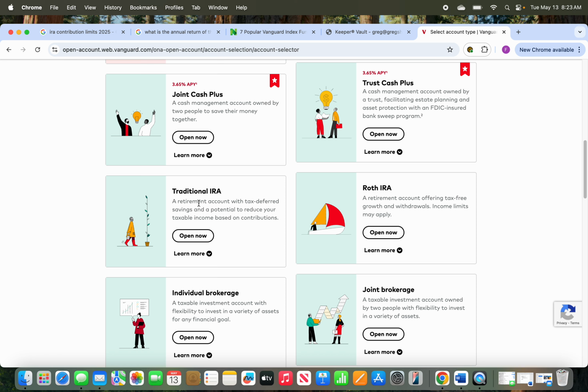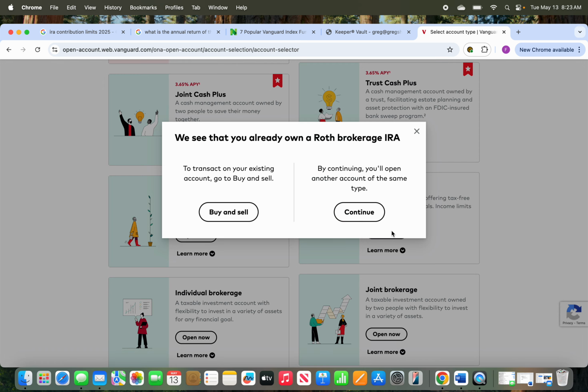Remember, the traditional IRA, you get to make contributions tax-free or tax-deferred, but you pay taxes when you take the money out. Roth, they're after-tax contributions, but you pay no tax when you get ready to take the money out.